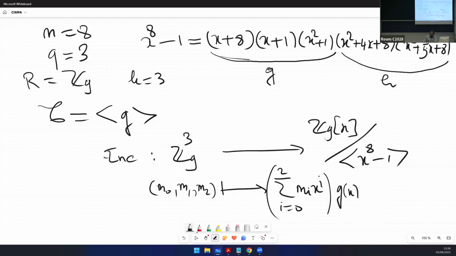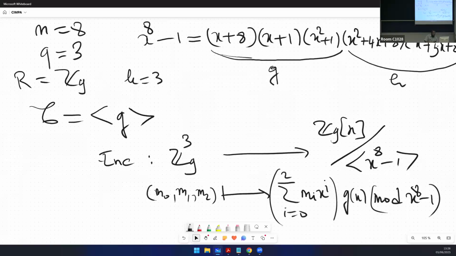Okay. We compute modulo x^8 minus 1. Okay, this is the encoder with a free cyclic code.